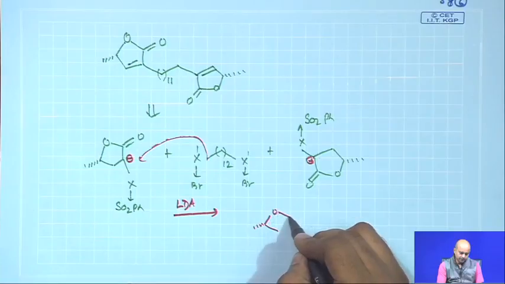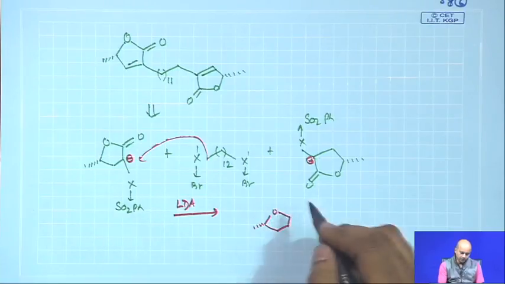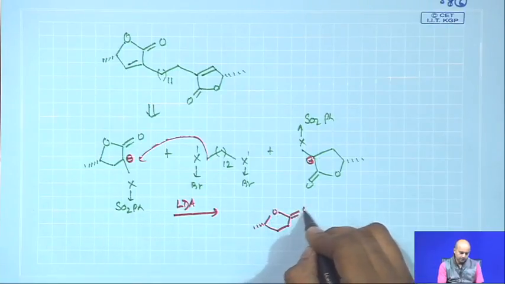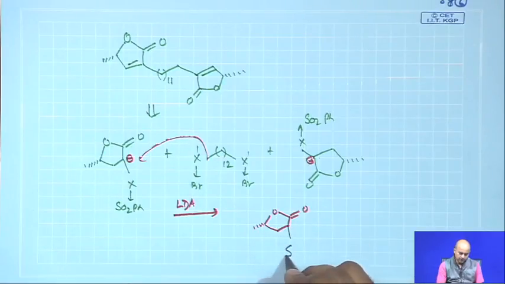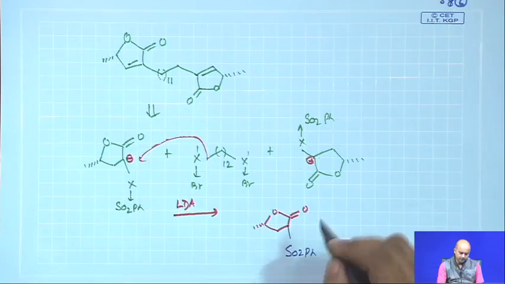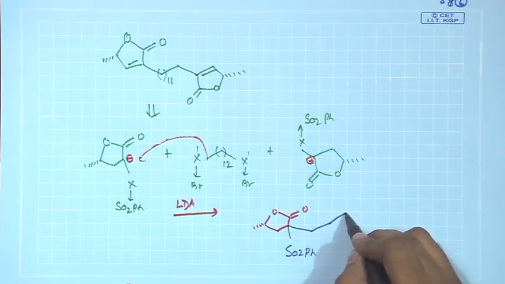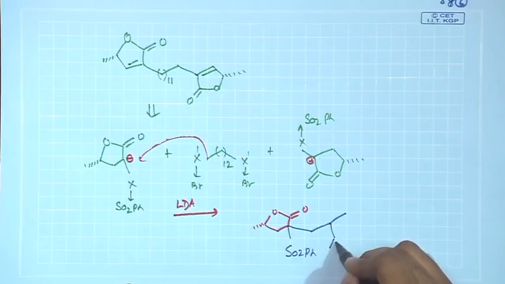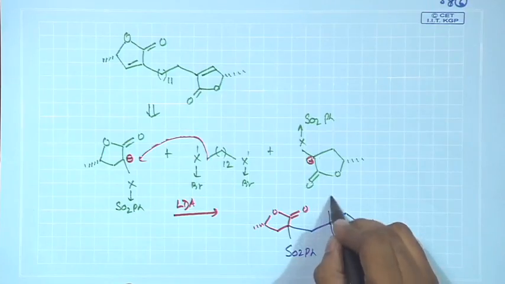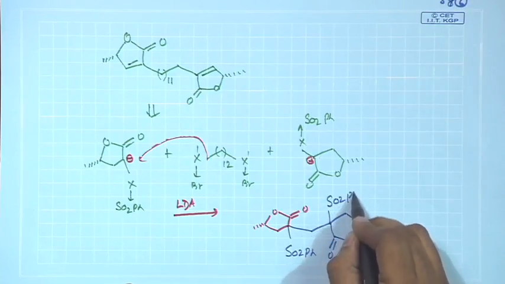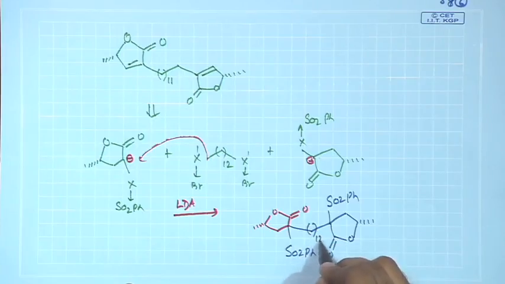How we are accessing these chiral halves, probably we are not discussing it here. So, I am writing SO2Ph, and SO2Ph. In between there are 12 methylenes.